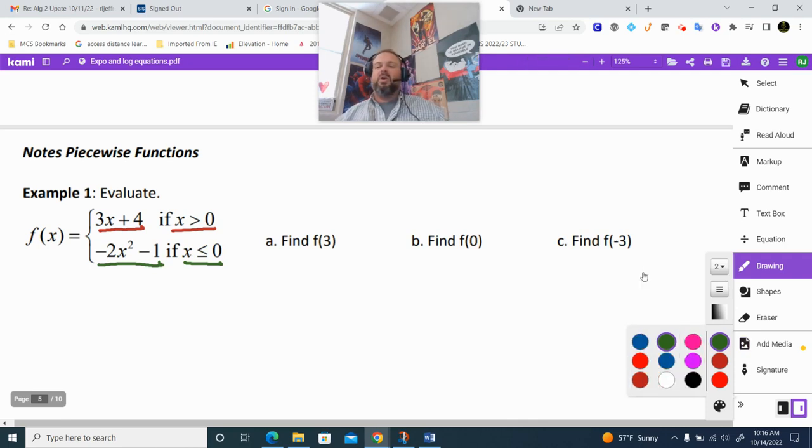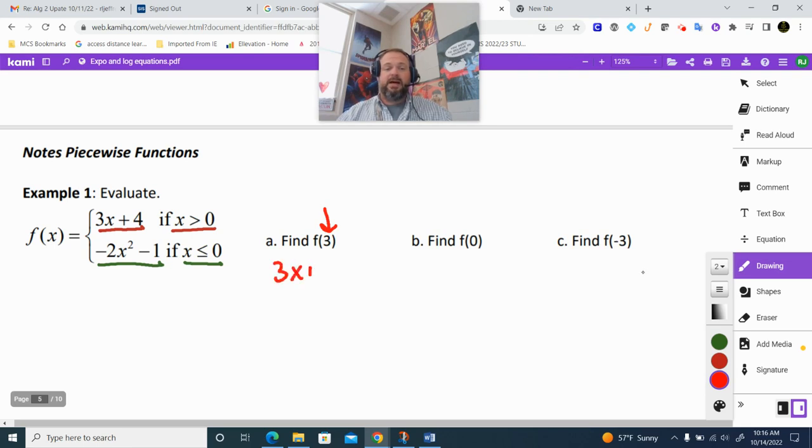Now, question. This is f of 3. Is 3 greater than 0 or less than or equal to 0? Greater than 0. So which one are we going to use, the top or the bottom? Top.